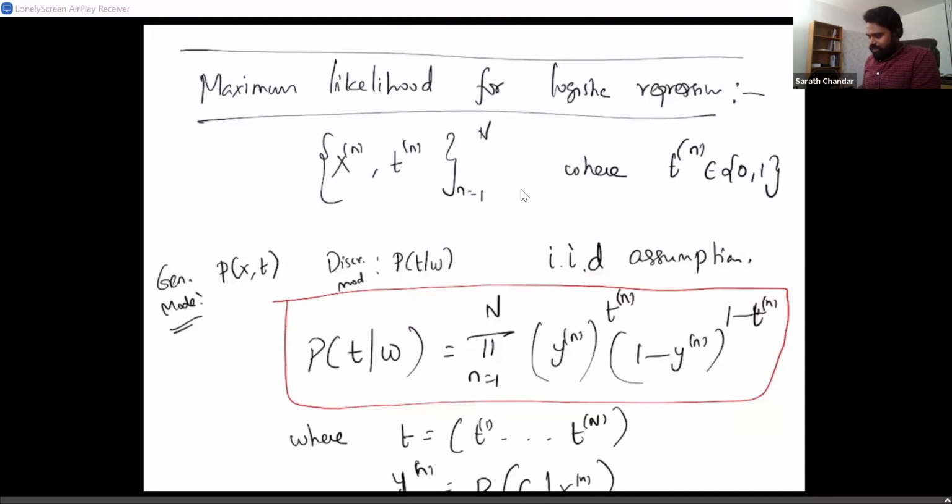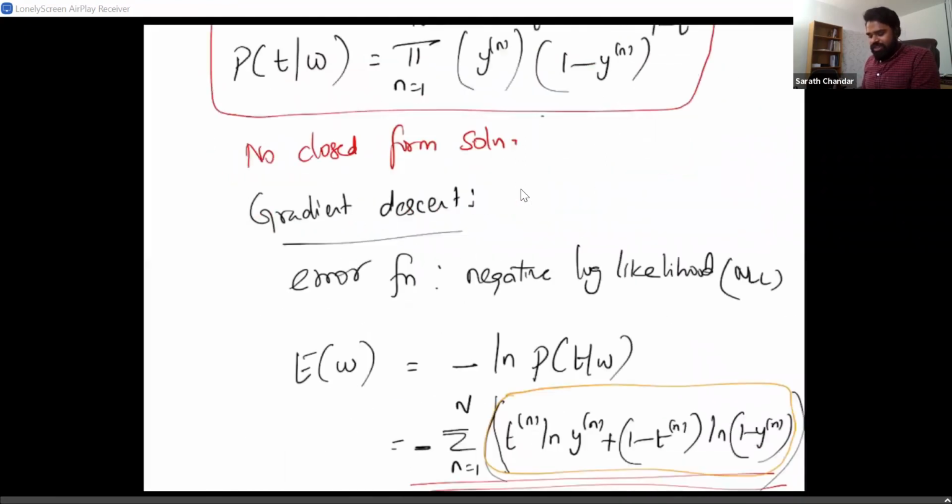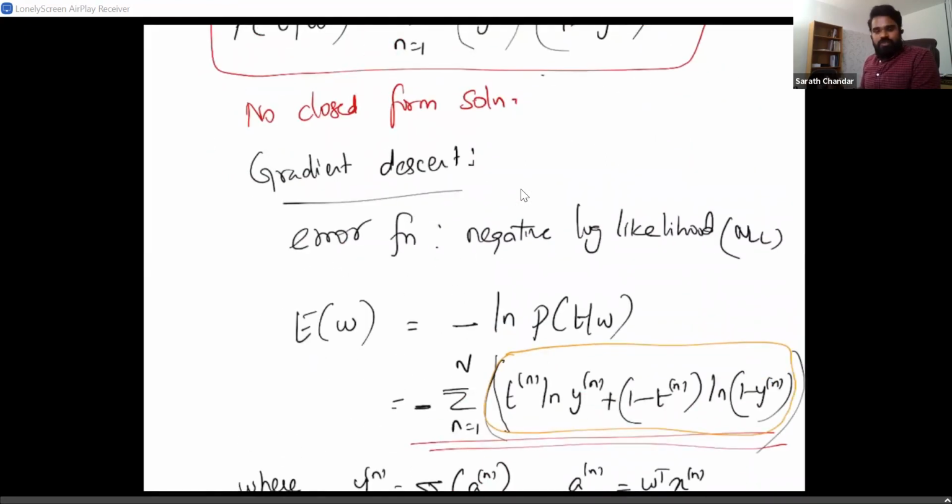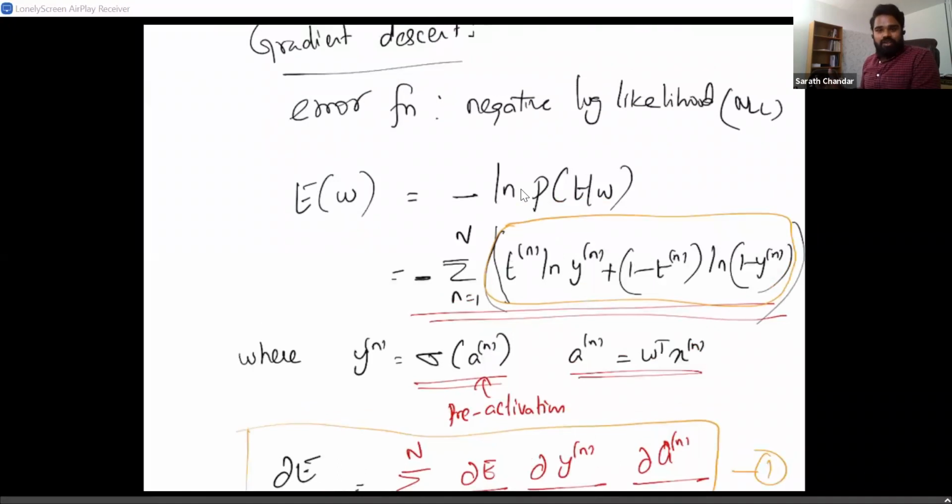We first computed the probability of t given w, and then computed its gradient. I mentioned that there's no closed form solution, so we used gradient descent. Normally in gradient descent you want to minimize something, so instead of maximizing the log likelihood, we minimized the negative of the log likelihood.